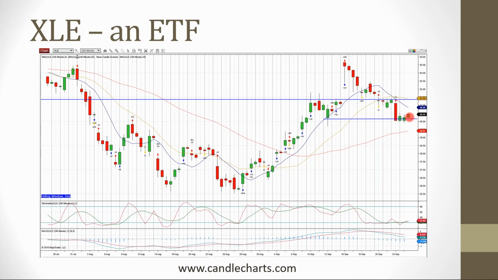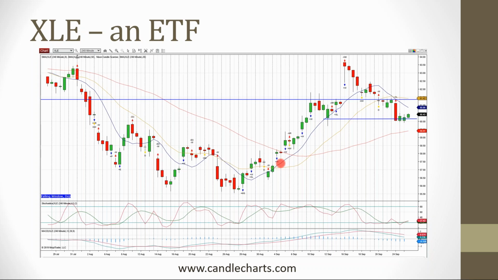So this is what I mean by, again, if you were to enter here, where's your next resistance point? The 9-period moving average. Not really a great risk to reward, because again, your risk is going to be down at the low on this candle back here, down around $60. So we'd only be looking at about $60.80 for maybe a first resistance area. And you're entering in around $60.40. So, definitely would not be entering now at this point in time.